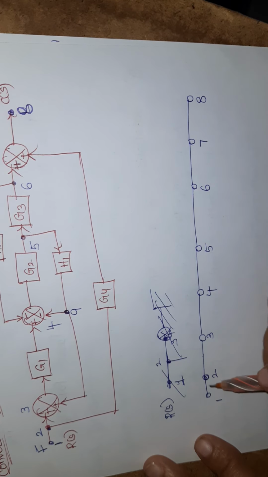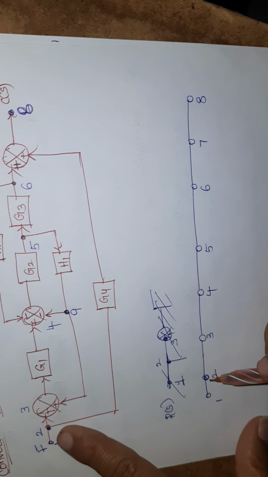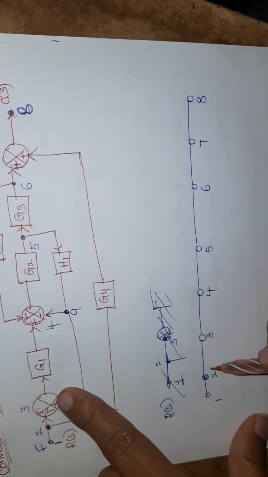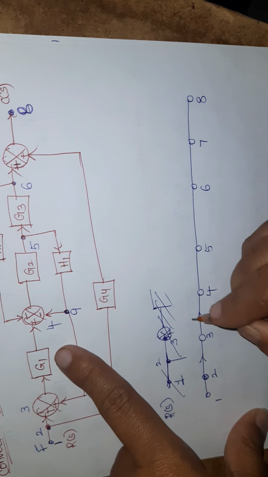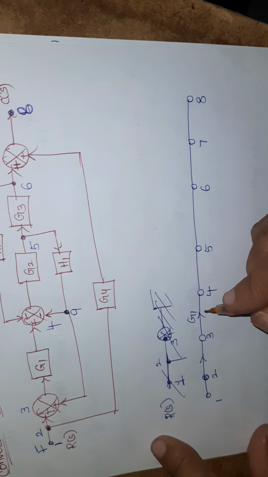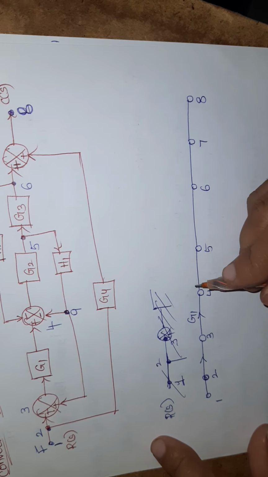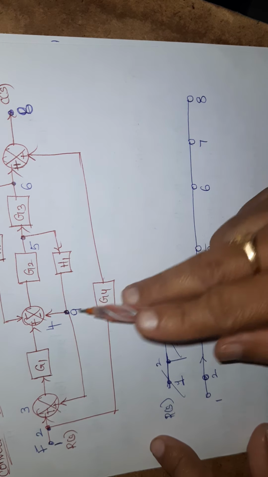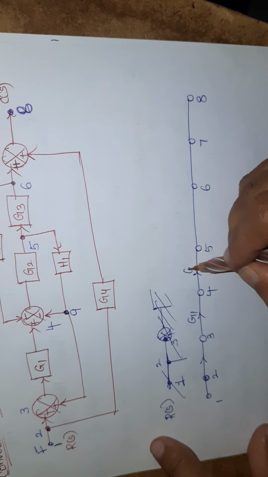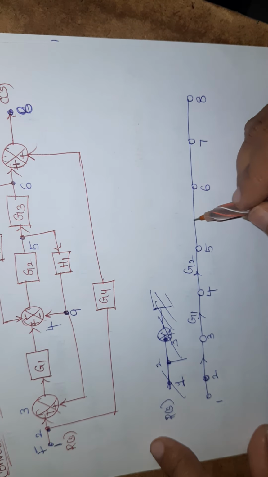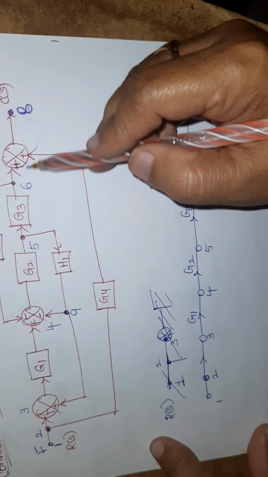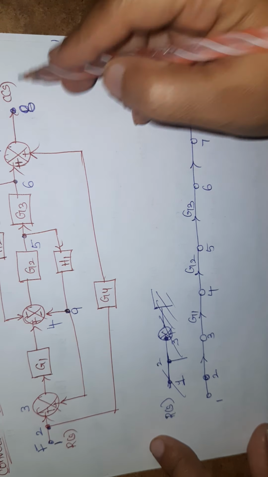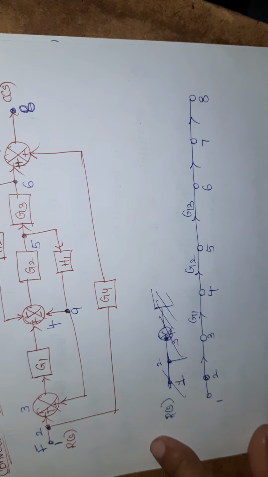Okay, so 1 to 2 no gain is present. Next 2 to 3 no gain is present. Next 3 to 4 gain G1 is present. 3 to 4 G1. Okay, next 4 to 5 G2, 5 to 6 G3, 6 to 7 no gain. Next 7 to 8 like this.